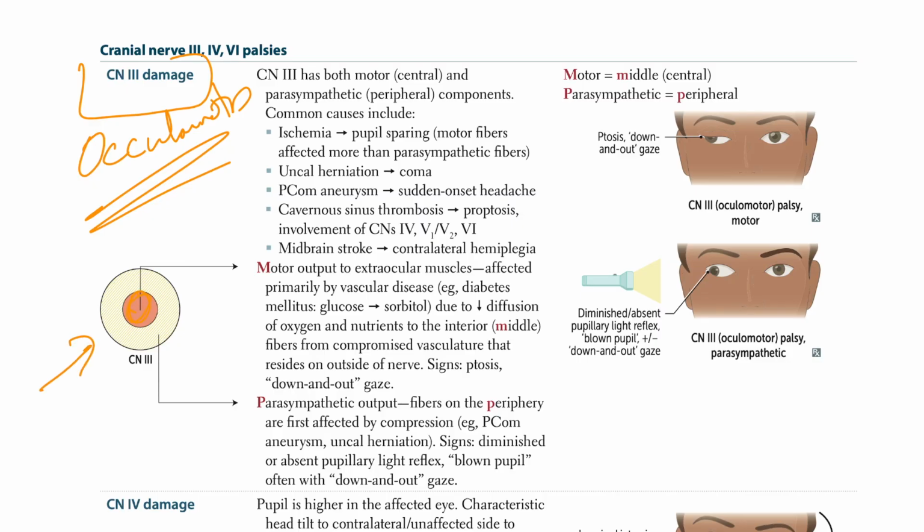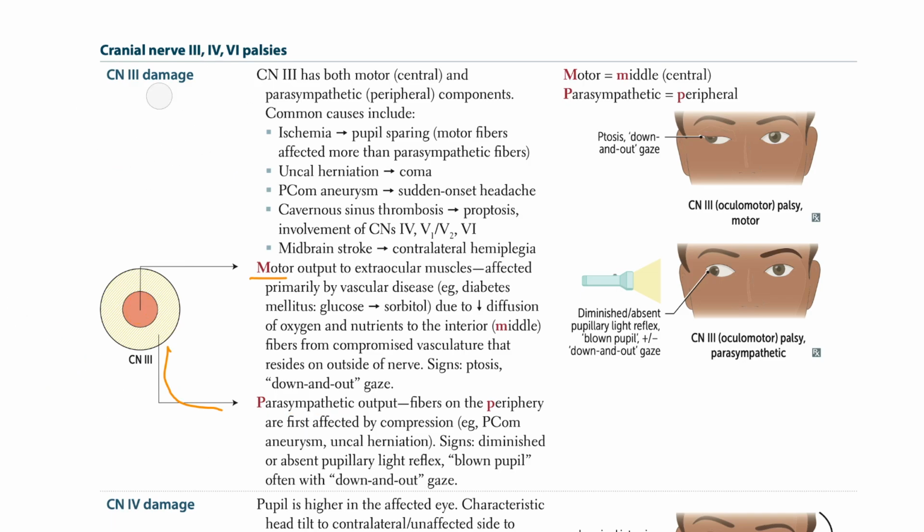The central part is the motor part, and the peripheral part is the parasympathetic outflow path. Okay, so let's just read it, and I will explain anything that comes up here. So CN3 has both motor, which is central again, and parasympathetic, which is peripheral components.